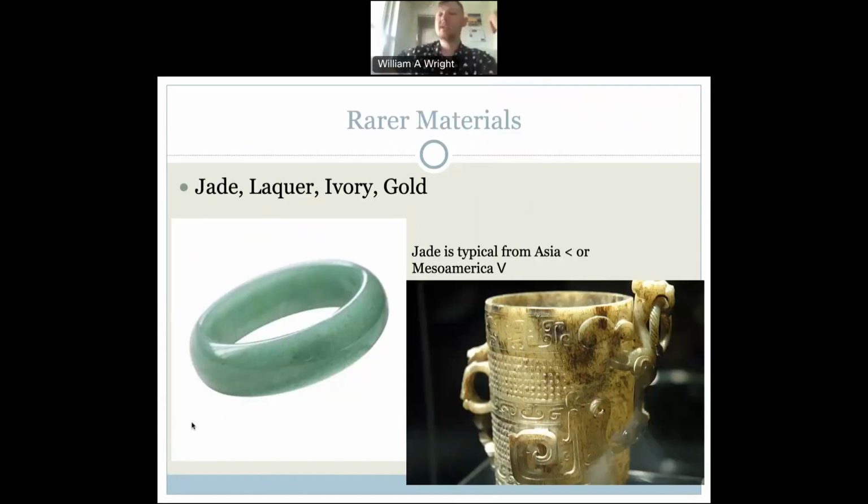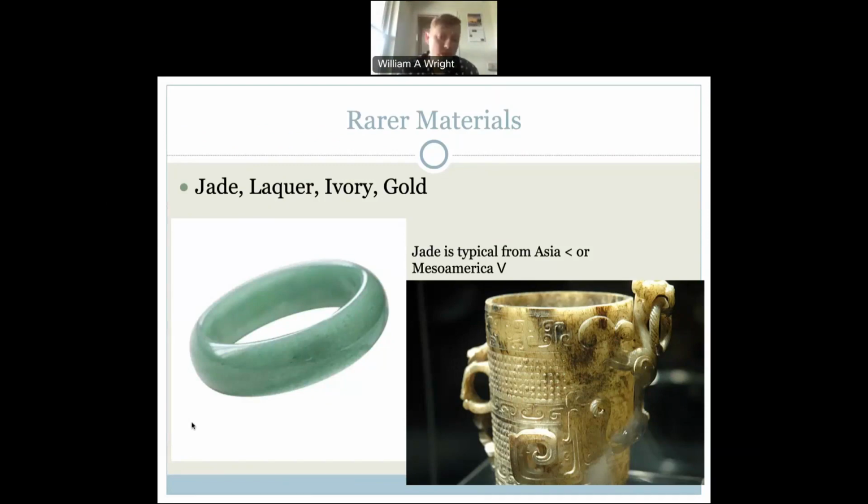So going from those basic craft materials, we have to talk about rare materials like jade, lacquer, ivory, or gold. Jade is a stone, and from this you can talk about the fact that a lot of craft materials, like the original tools, were made of stone, and really special tools were made of special stones, and that's kind of what we use in stonecraft today.